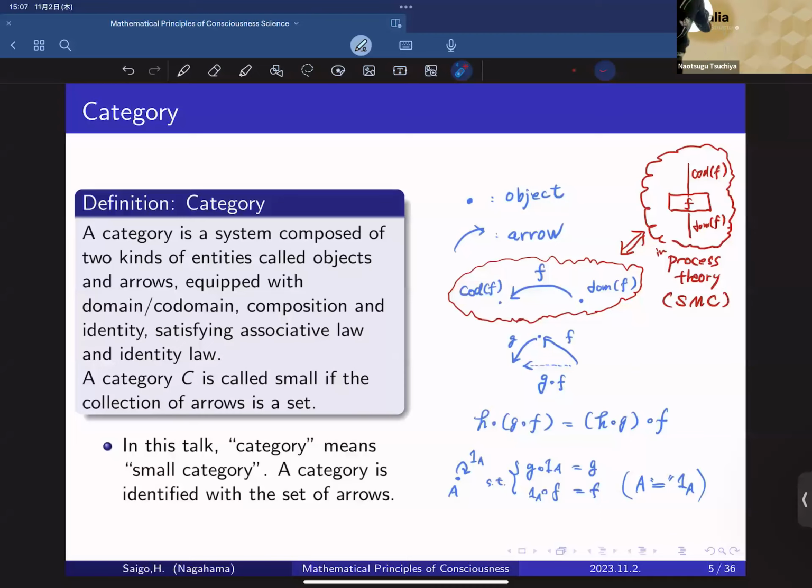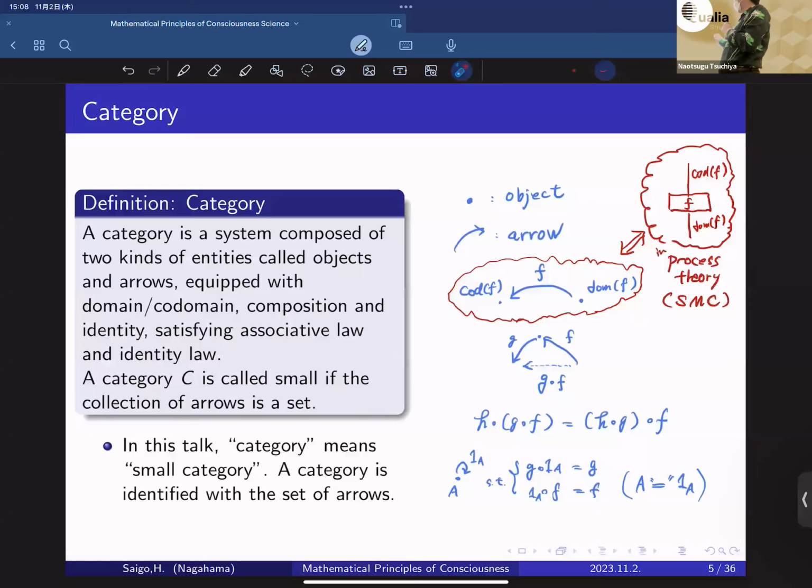And the important thing is that a category has to have a structure called composition. If arrows are neighboring like this, then you can compose them, generating new arrows. There are also special arrows called identity arrows, for each object A, 1_A I denote.